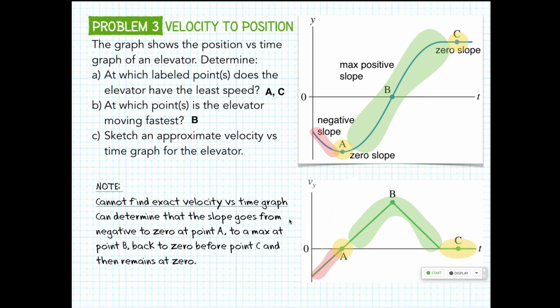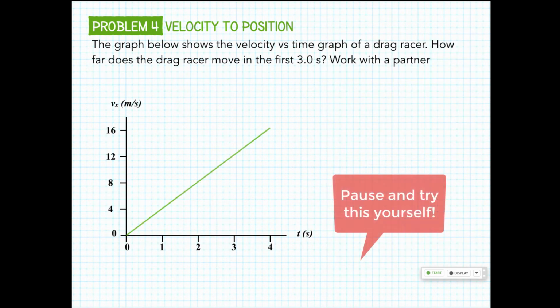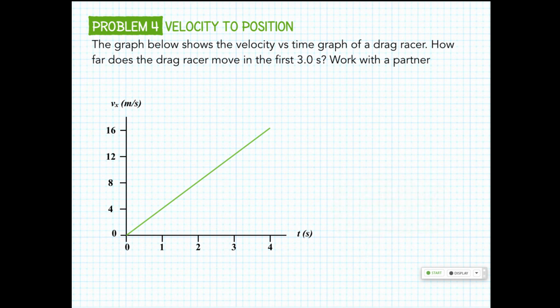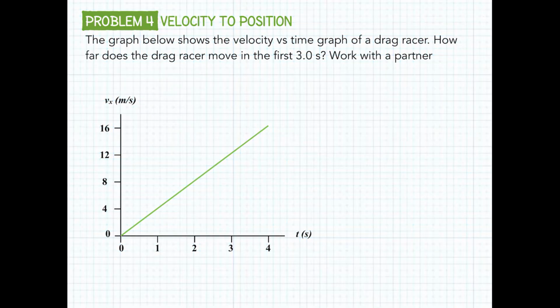Do we want to try another problem with numbers? Okay. So let's try this one out. As I've seen around the room, there are several ways to approach this problem, but the basic concept should be that we're looking for the displacement in the first 3 seconds.